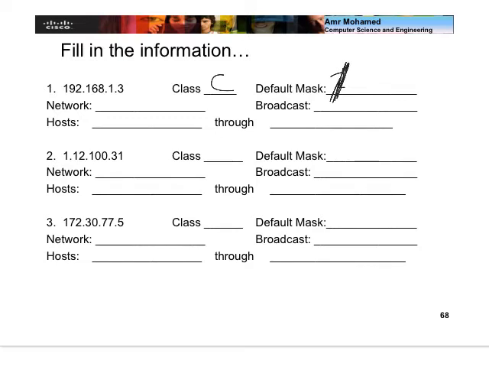In other words, this is /24. In that case, what is the network address? 192.168.1.0, and the broadcast is 255 here. And the hosts range from 1 to 254, and that's it.